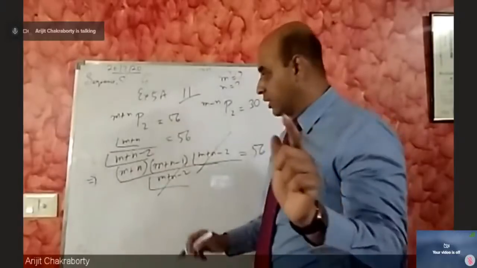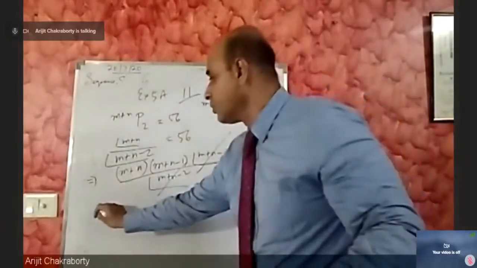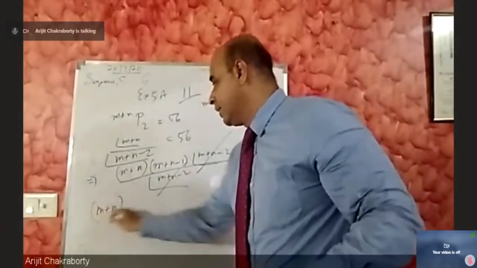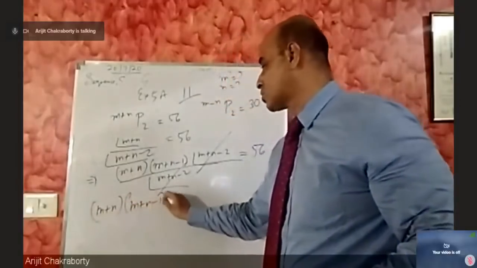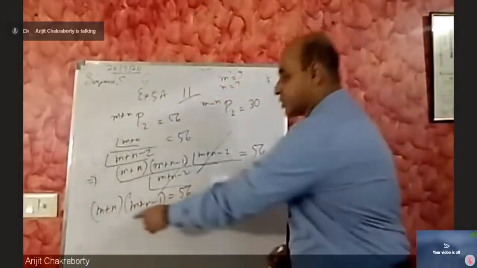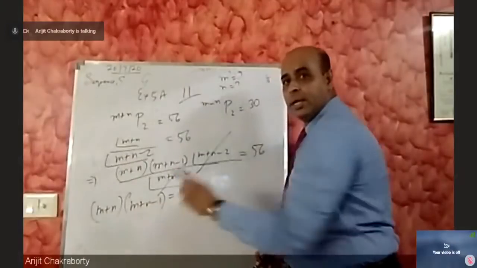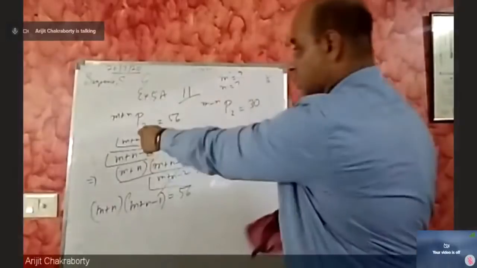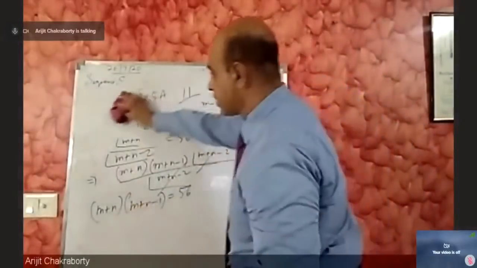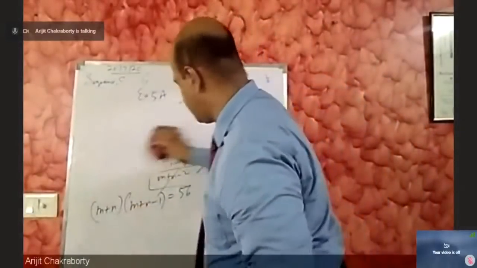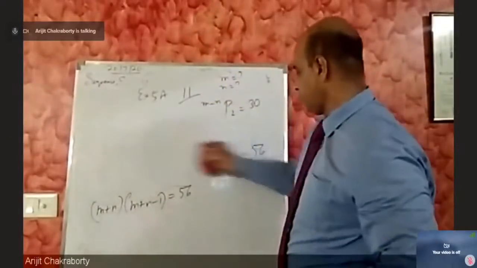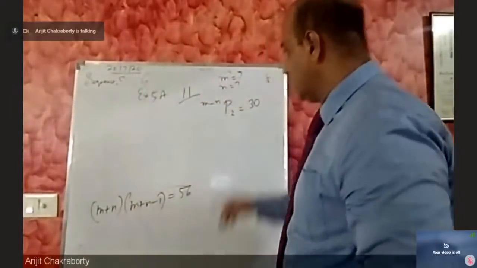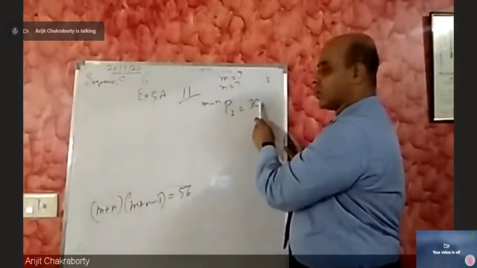Please note the equation: (m+n)(m+n−1) equal to 56. This is the equation. Now we take the second one. I keep the first equation as it is, but I am rubbing this part. (M−n)P2 equal to 30.